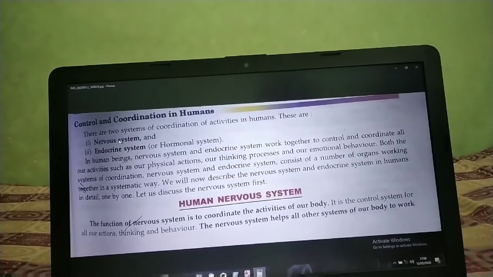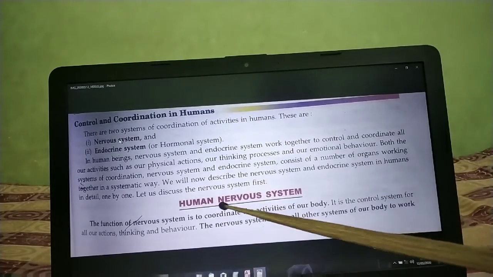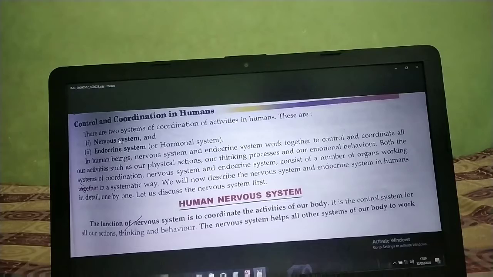Both systems consist of a number of organs working together in a systematic way. So children, today first of all I will explain the human nervous system.